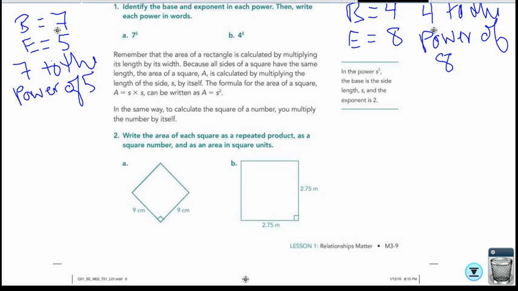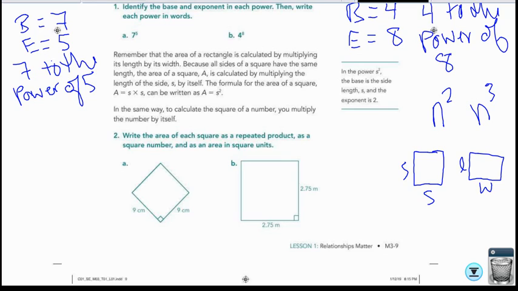In geometry, these powers, particularly when we have a number to the power of 2 or a number to the power of 3, have a special shape. So a number to the power of 2 is just a square. Because if you remember from 5th grade, a rectangle is length times width, but a square is the same, side times side, which is the same as side squared. So how can we write these using symbols instead of the shape?